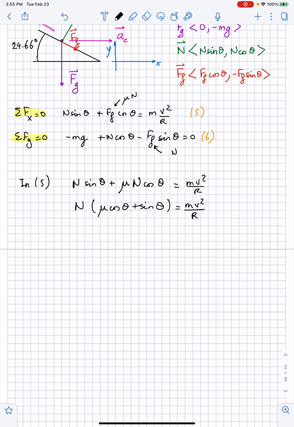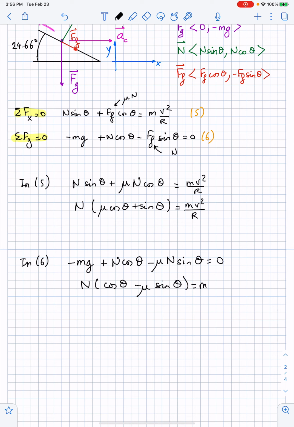Okay, and in equation number 6, you're going to have negative mg plus n cosine theta minus mu n sine theta equals 0, which is going to be n times cosine theta minus mu sine theta equal mg. All right, that looks a little neater to me.